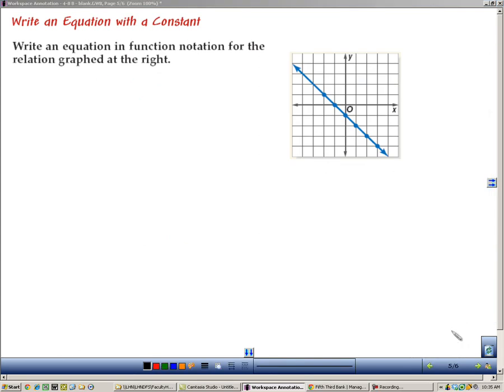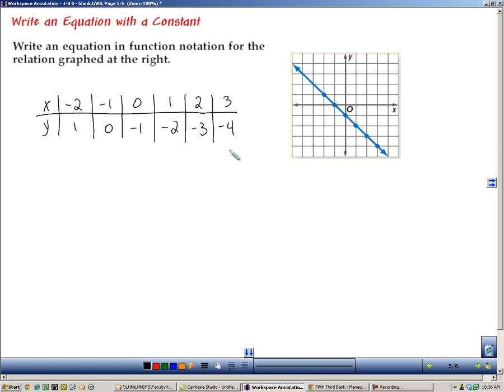Here we have another example of a linear equation or a linear relationship that we have to write as an equation. We'll start by taking all 5 points and writing them in a table. Here we actually have 6 points, and so we write them out as a table, and now we check on the difference between each one.